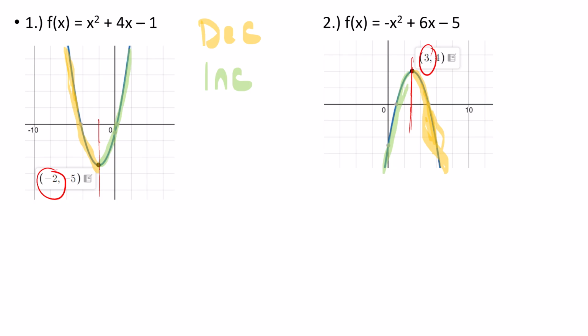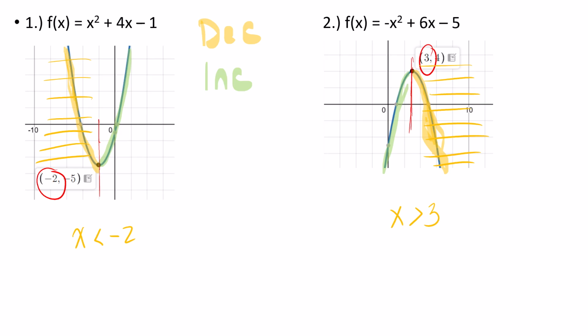In that first one, it is decreasing when x is less than -2, meaning it's decreasing over here to the left. So that's our chunk that is in orange. Over here, it is decreasing when x is greater than 3, meaning to the right of the 3.